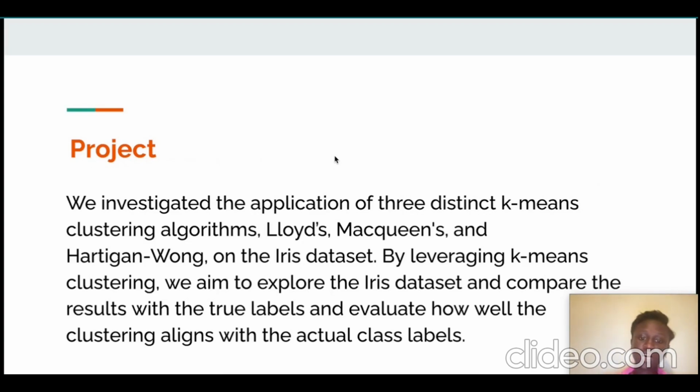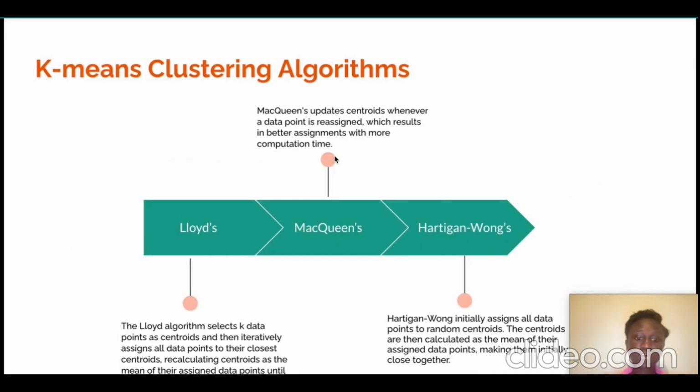Just to give a brief overview of these k-means algorithms, my teammates will go into a more in-depth explanation of what these are and our analysis and findings. Lloyd's algorithm selects k data points as centroids and then iteratively assigns all data points to their closest centroid, recalculating the centroids as means until convergence, whereas MacQueen's updates the centroids whenever a data point is reassigned, which results in a better assignment with more computation time.